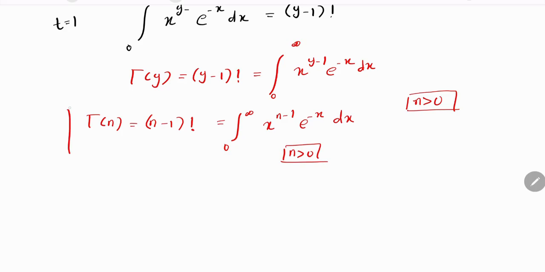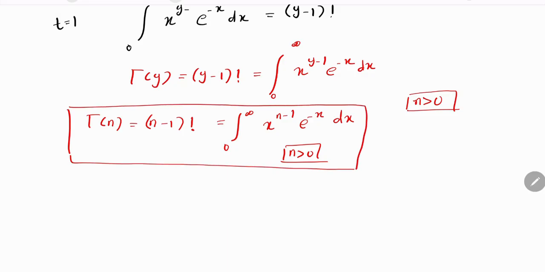So this is our gamma function. We got factorial in terms of an integral, and we can extend this to real and complex numbers, but since this is an improper integral, we choose the condition that n should be greater than 0.